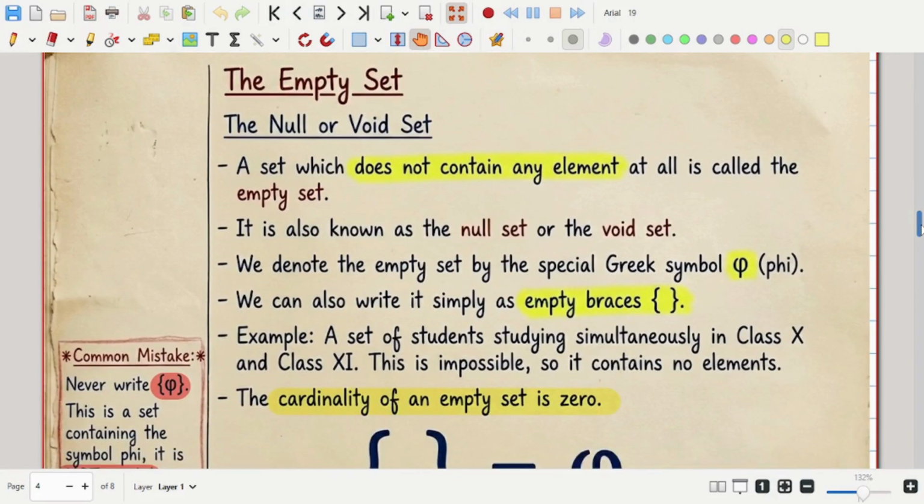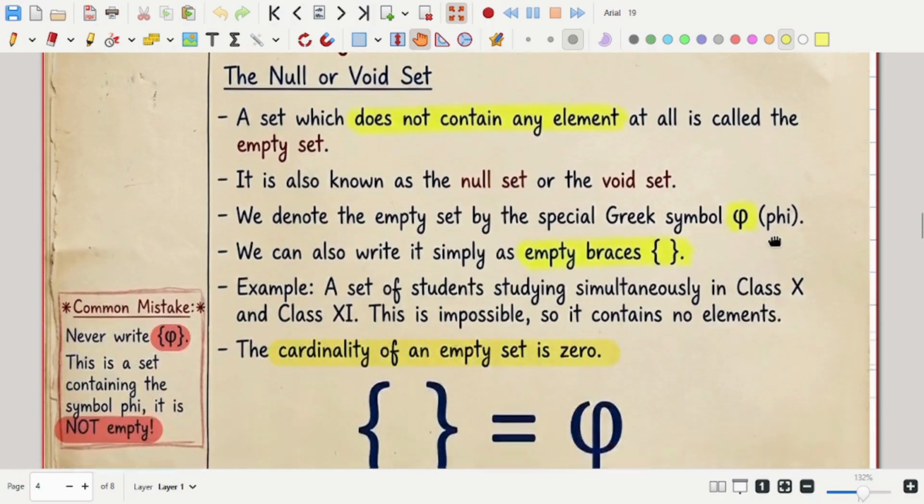Empty set. So what do you mean by empty set? Empty set means a set which does not contain any element at all. Empty sets are also known as a null set or a void set, and they are denoted by the Greek symbol phi, and it can also be written as empty curly braces.